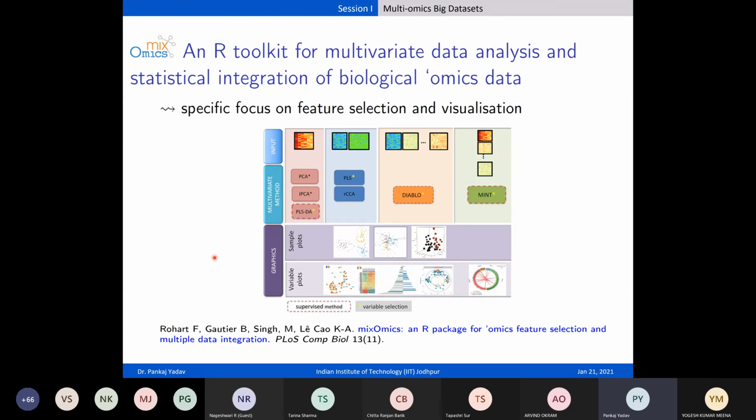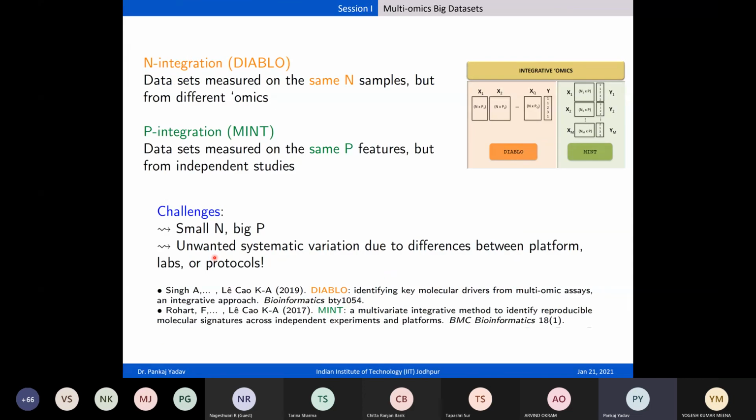Now, how the methodology works is very different depending on what kind of integration you are performing. As I was saying, integration means that your data sets are measured on the same n samples, but from different omics.